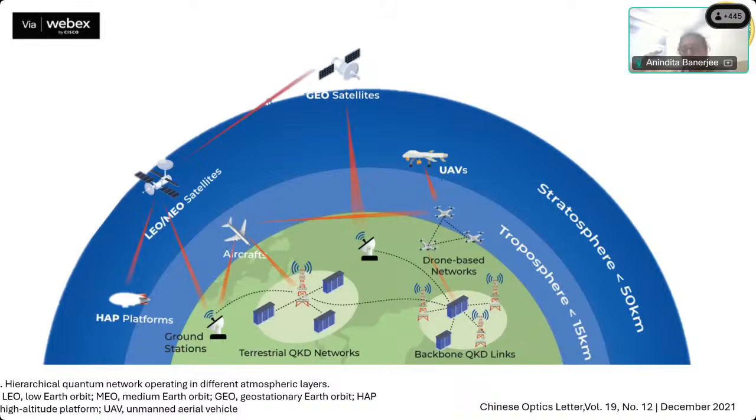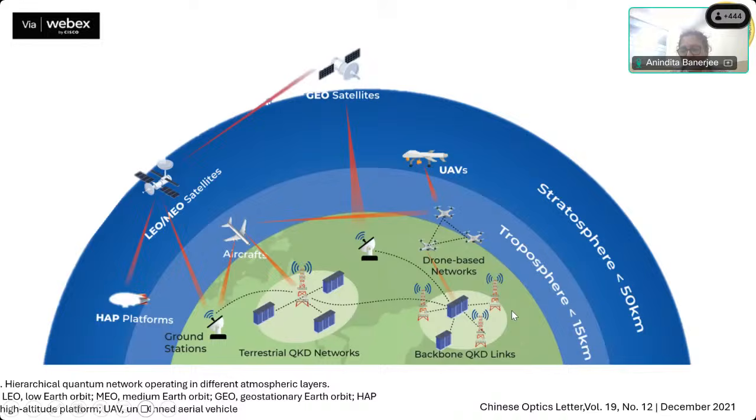Drones offer you reconfigurability, all time, all area coverage, which is unlikely with satellites. Satellites do cover thousands of kilometers, but they are available for a very short time, and not when you require it, because it follows a period, right?